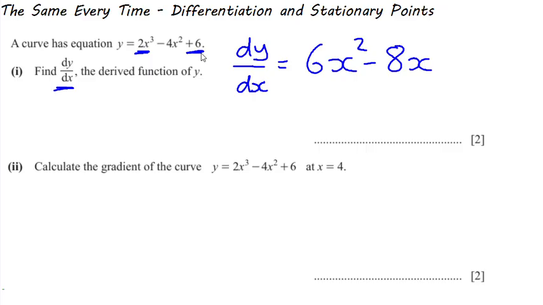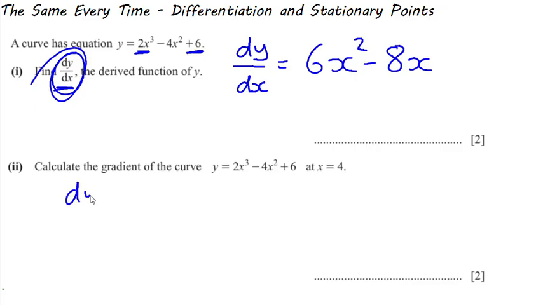Calculate the gradient of the curve at x equals 4. Well, the whole point of doing dy by dx is because the gradient is what it actually tells us. It is a function for finding the gradient.